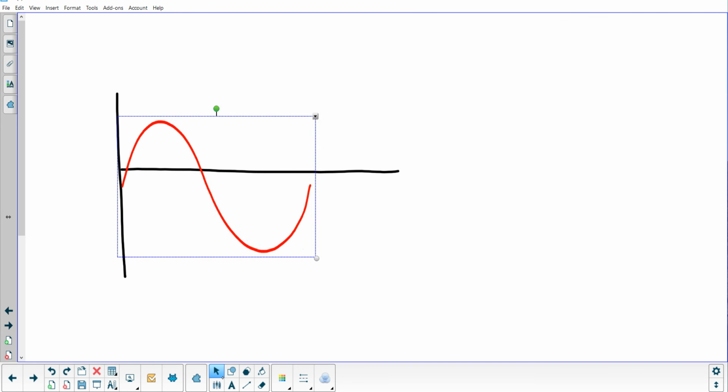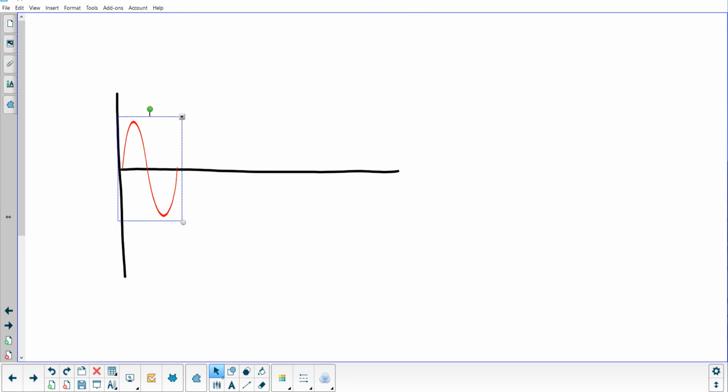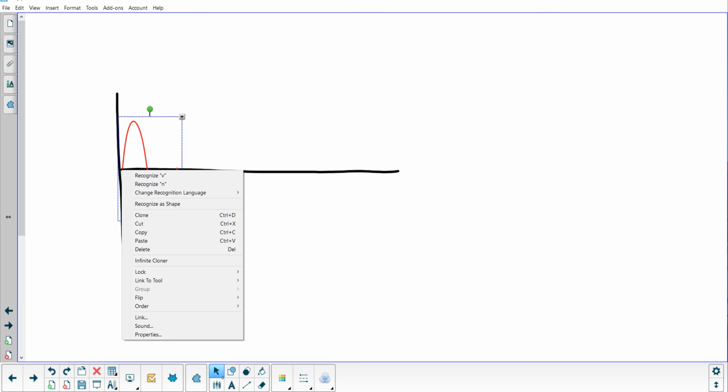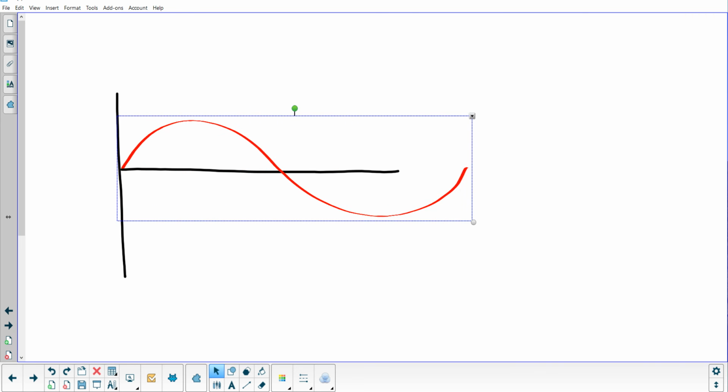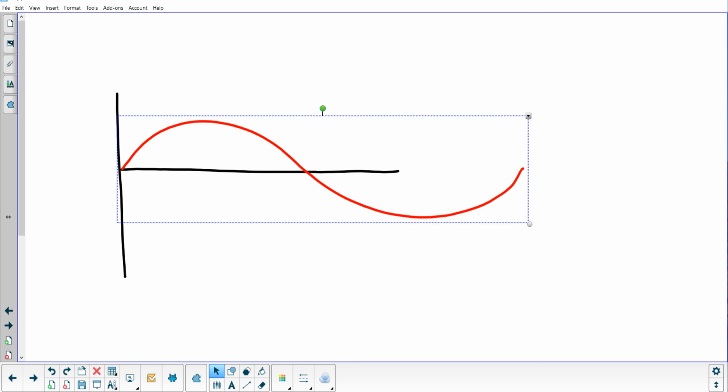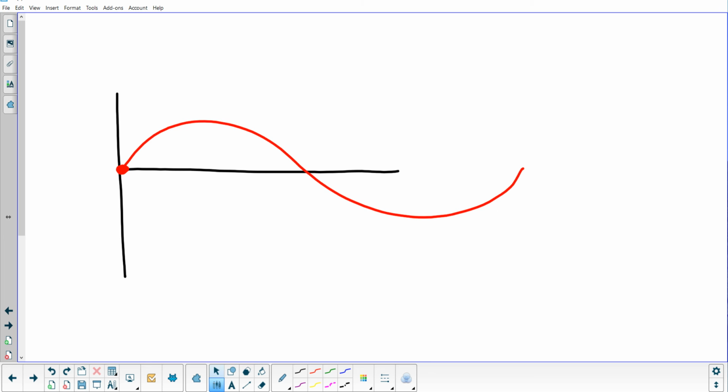If I compress it, did this point move on the left? How about if I stretch it? Did that point on the left move? No. What's the x value of this point? It's 0. And no matter how you stretch or compress the graph, that point never changes.